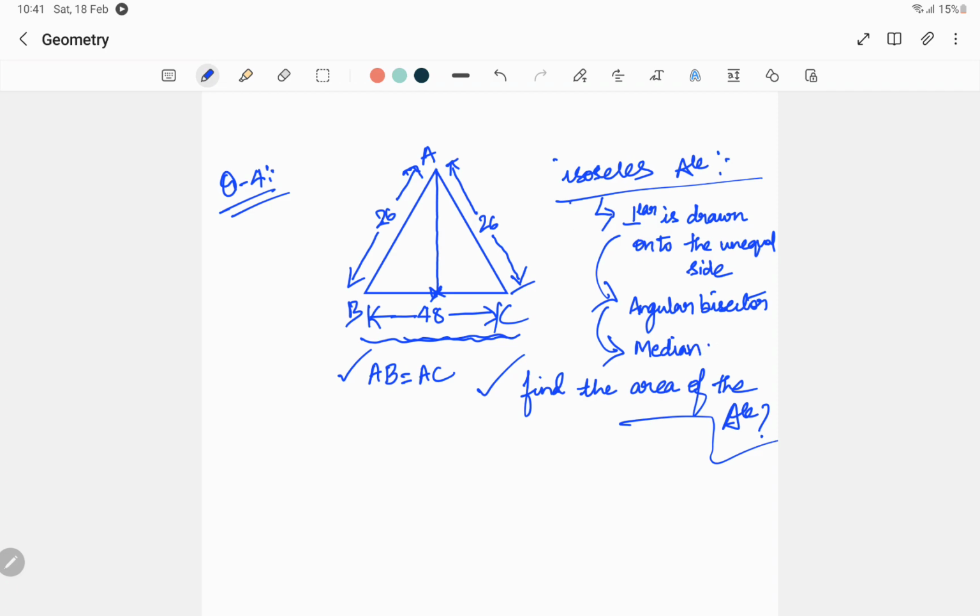So using these properties we will solve this question. If this is the median, that means this would be 24 and this would be 24.